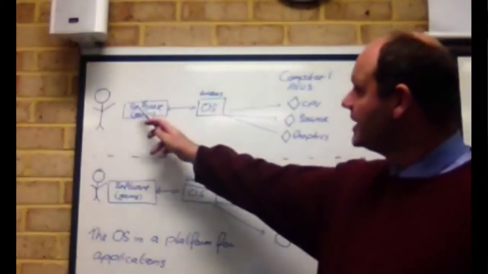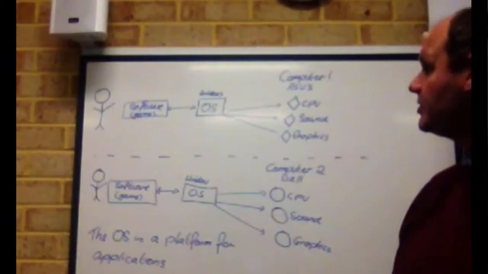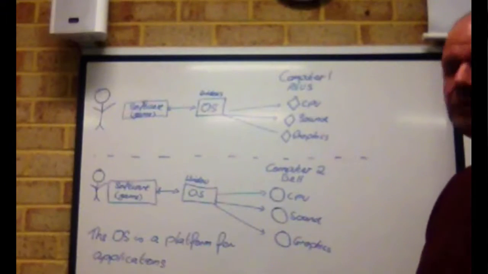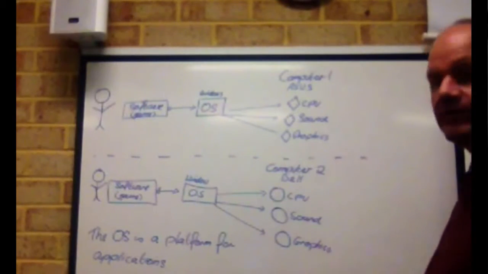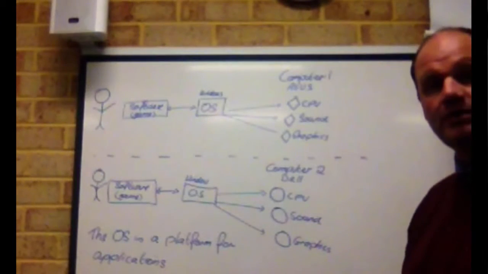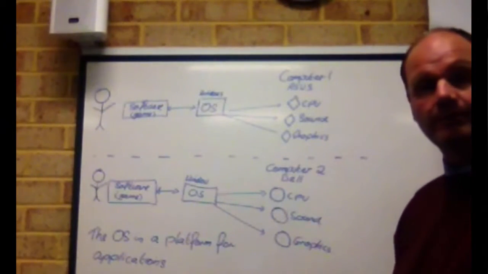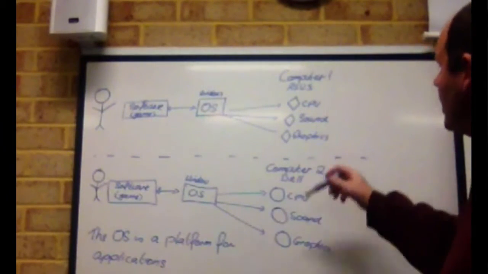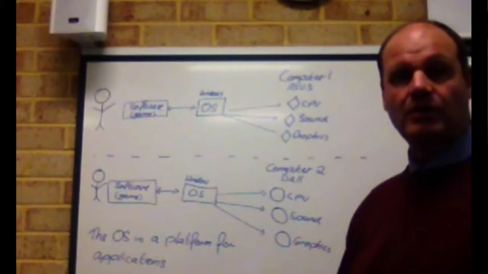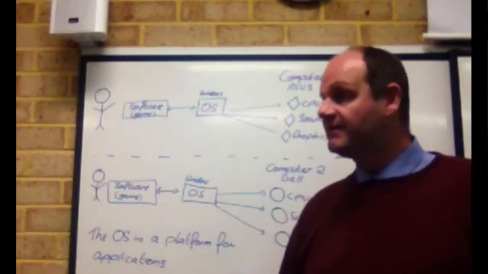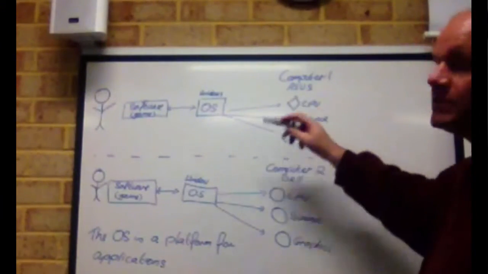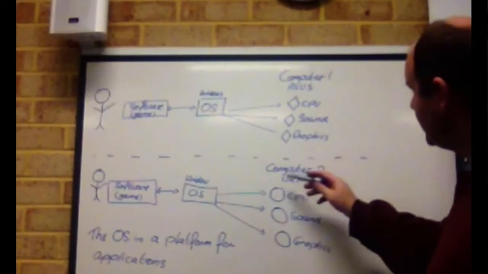Now, we've got the same piece of software being used, but it's going to be played on two different computers. I'm saying an Asus one and a Dell one. Now, the hardware on the Asus, its configuration, there are going to be differences between the Asus computer hardware and the Dell one.